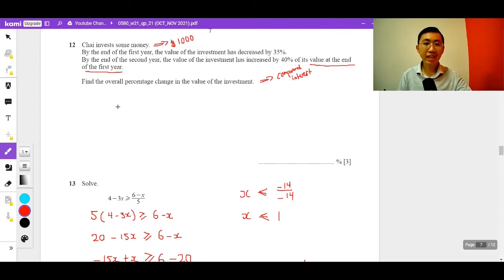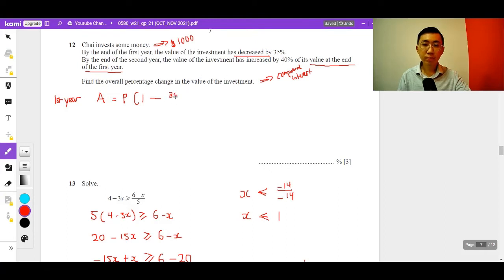Alright, so let's lay out the compound interest formula for the first year. Okay, compound interest formula. A is principal times 1. Careful, in your first year you are actually having some losses, decreased by 35%. So here you have to put minus. If you are gaining money or your investment increases, then here will be plus. Okay, remember that.